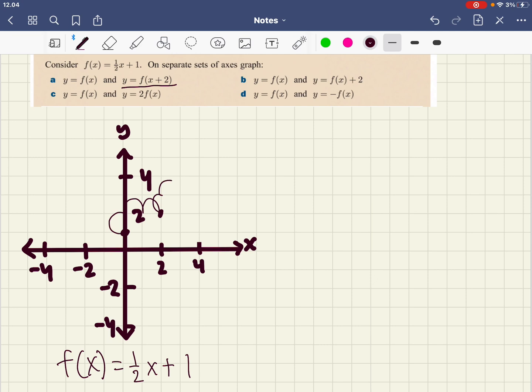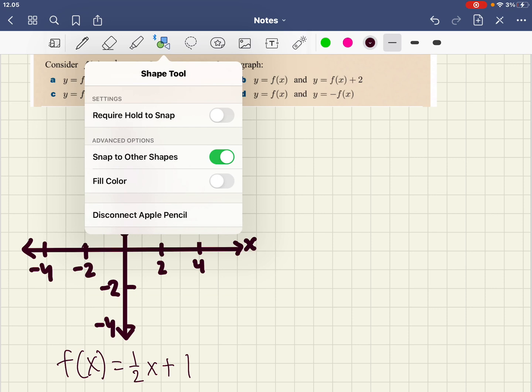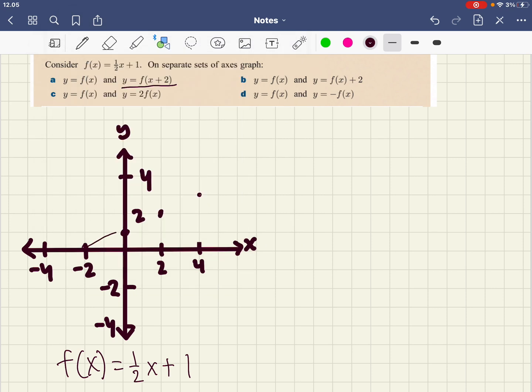Again, 1 over 2, and we're going to continue like that. You only need 2 points to make a line, but I just wanted a very accurate graph here. Okay, we're going to draw a line through this. Perfect.